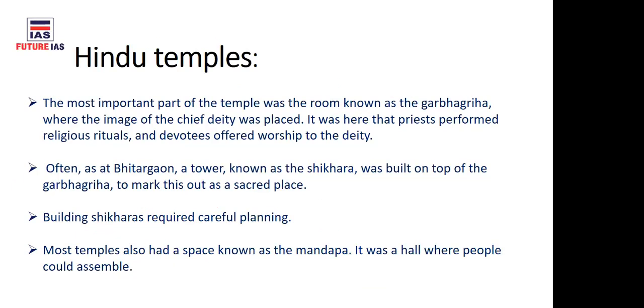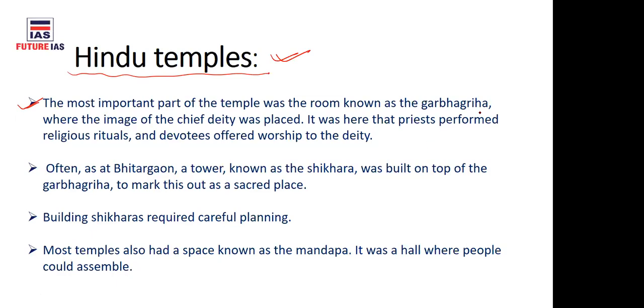All right, let's understand Hindu temples. What was there in the Hindu temples during the ancient past? The most important part of the temple was a room where the image of the deity is placed. जैसे भगवान की मूर्ति रखी रहती है ना, उस रूम को बोलते हैं गर्भगृह.